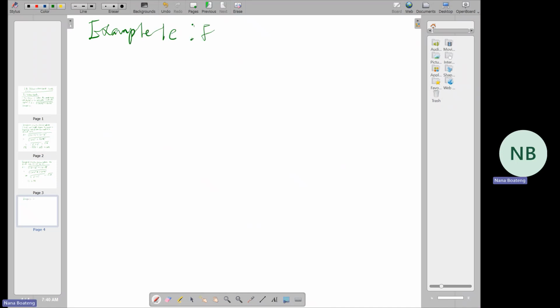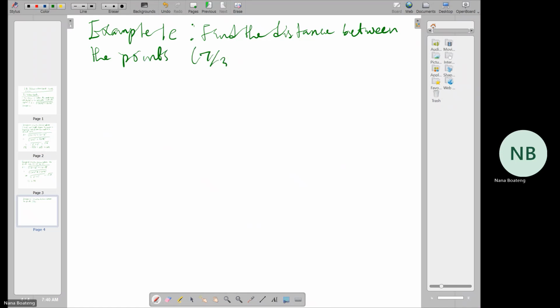Find the distance between the points (7/3, 1/7) and (1/3, 8/7).